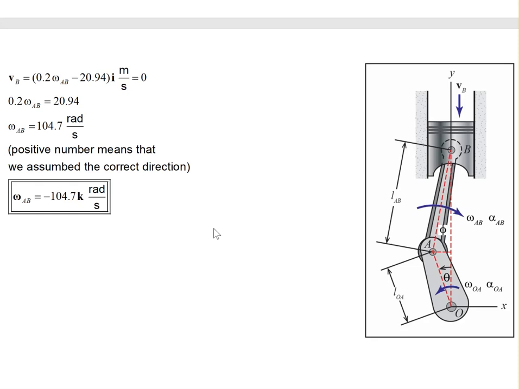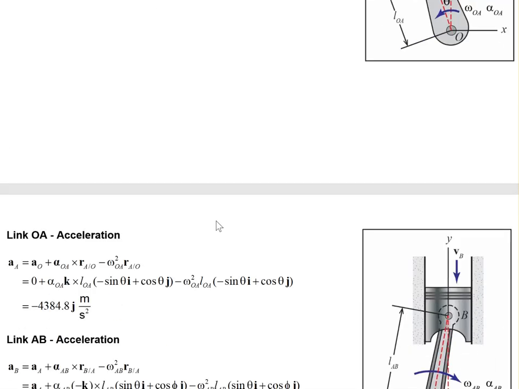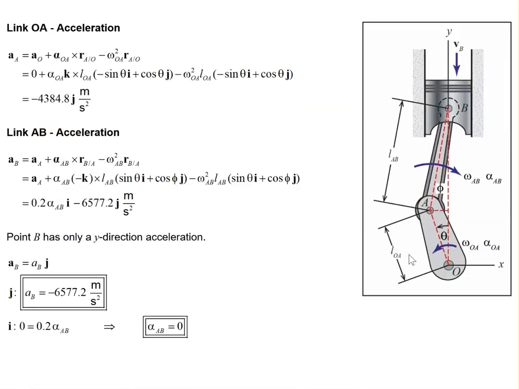All right, so we follow the same procedure for the assembly. We go from O to A using the relative acceleration equation, and we plug in just like we did before, get a value for A, then we go from A to B using the relative acceleration equation, and get an equation that has alpha AB as a variable because we don't know that.